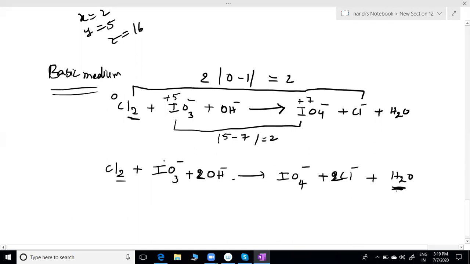Check the charge: here total 3 negative, here also total 3 negative. Charge is balanced here by OH minus. In acidic medium, H plus ions; in basic medium, OH minus ions.